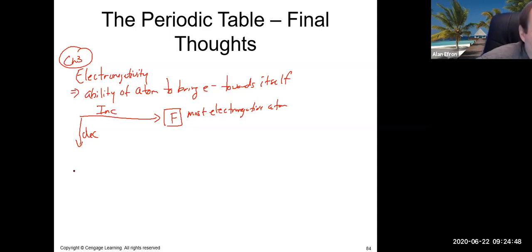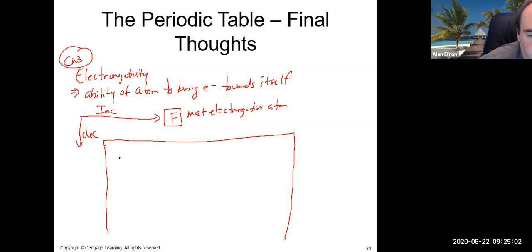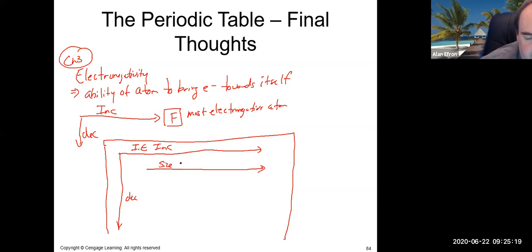So when we put electronegativity in with all of our trends, if we look at the periodic table here, in terms of ionization energy, it increases as you go up and to the right and decreases as you come down. In terms of size, it gets smaller as you go up and to the right, and gets larger as you go left and down.